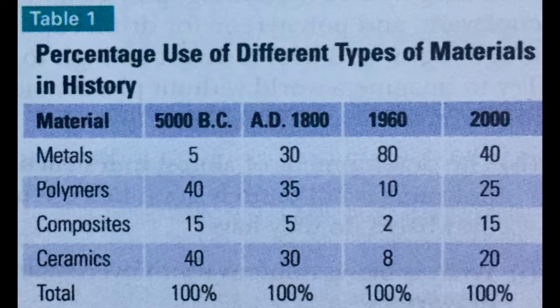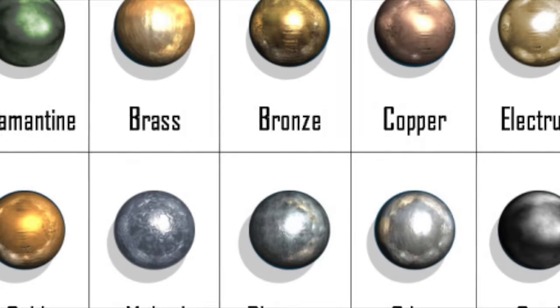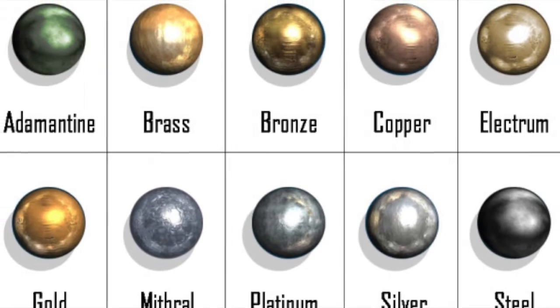Over the centuries, people have used 4 general types of materials to make everything they need: metals, polymers, composites, and ceramics. The relative importance of these substances has changed over time, as you can see in Table 1. For example, in 5000 BC, metals were relatively unimportant.